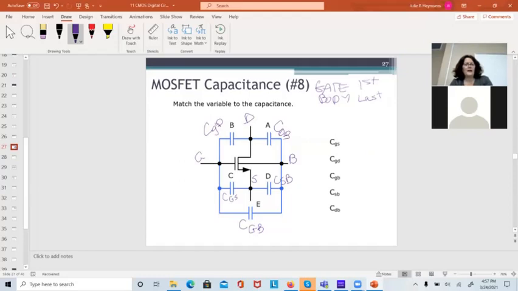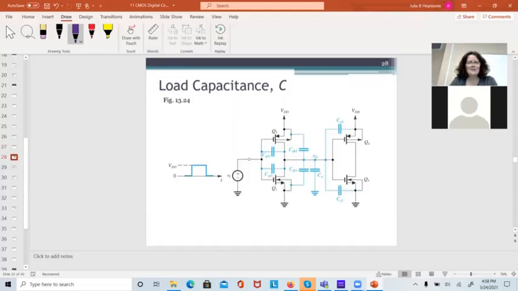Think about trying to analyze this circuit by hand when you have to calculate the capacitances, take into account the voltage levels. The voltage levels are changing because your input's going from 0 to VDD. And you have to be grateful that you have things like Multisim and Mentor Graphics to do this for you.